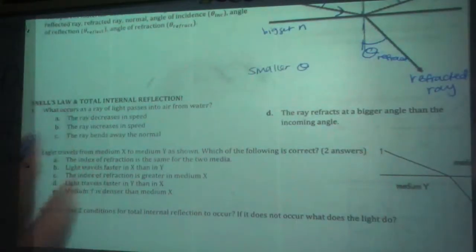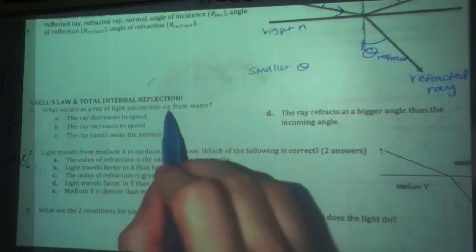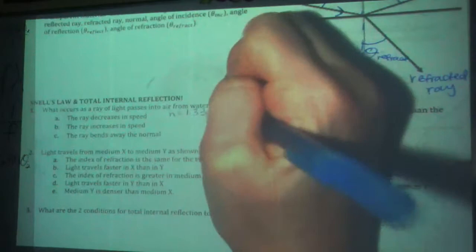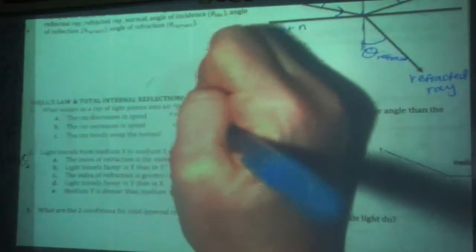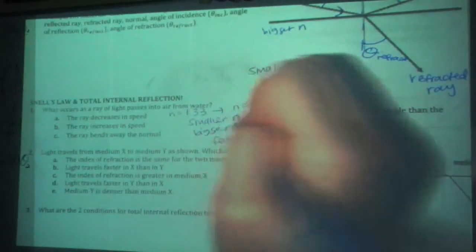Right? What occurs as a ray of light passes into air from water? That's going from n of 1.33 into n of 1. So I'm going into a smaller n. If I get a smaller n, then I'm going to have a bigger angle. Smaller n is going to go faster because it's less dense.